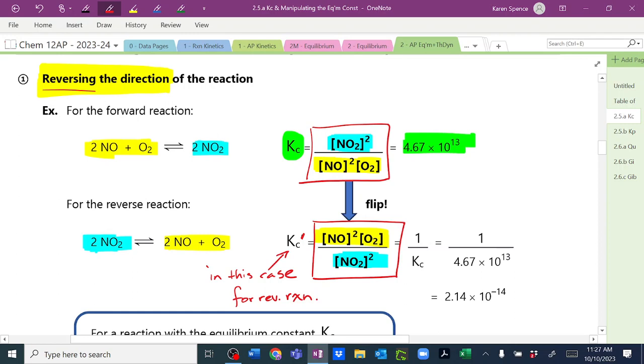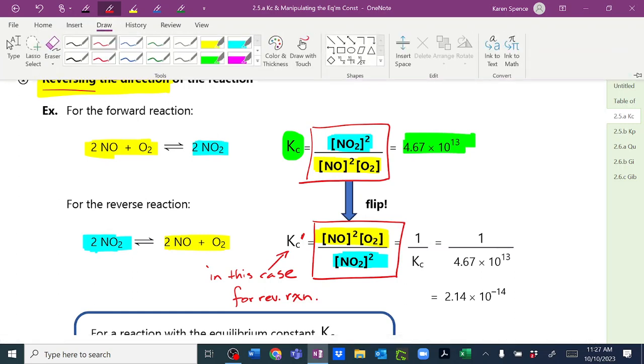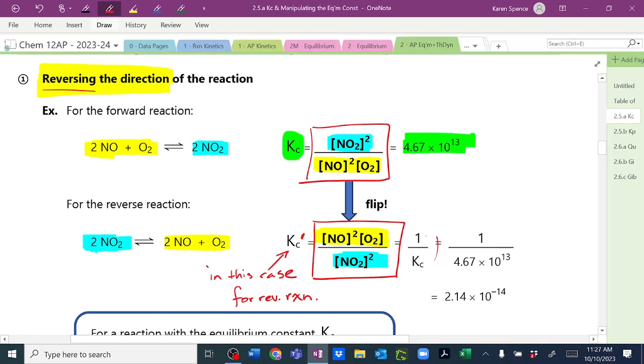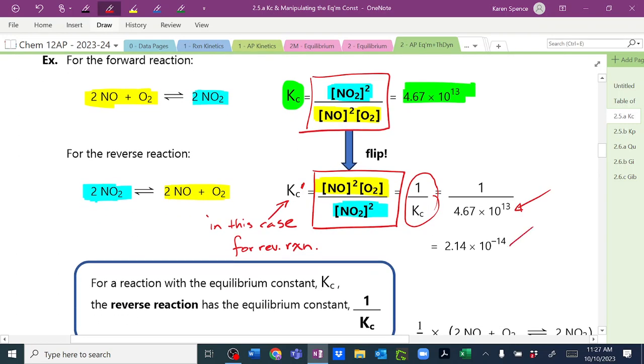It's equal to 1 over Kc, and then you just take the number, and you get your final answer. Is that good? How do we feel about that? Okay, so if I give you a value for a K for a forward reaction and then I reverse the thing, you're just going to flip the number.